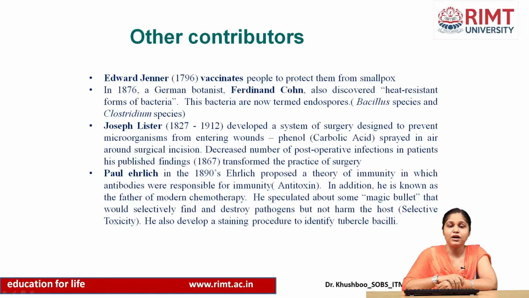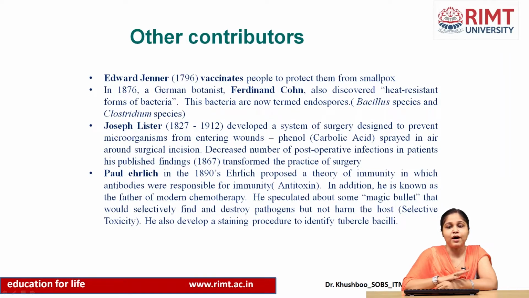Then Paul Ehrlich in the 1890s proposed a theory of immunity in which antibodies were responsible for immunity, meaning they act as antitoxins. In addition, he is known as the father of modern chemotherapy.